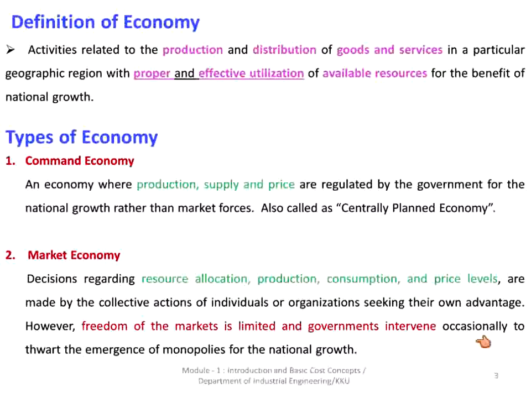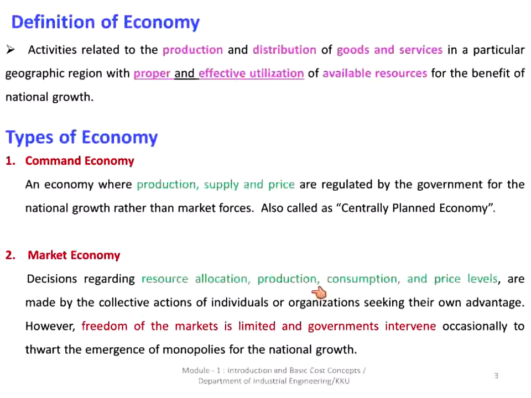Occasionally means once in a while, maybe once in a month or once in 2 or 3 months, something like that. The government will check the market people: how much price they are fixing, how much product they are producing, which area they are distributing. All these things are occasionally monitored by the government's organization.